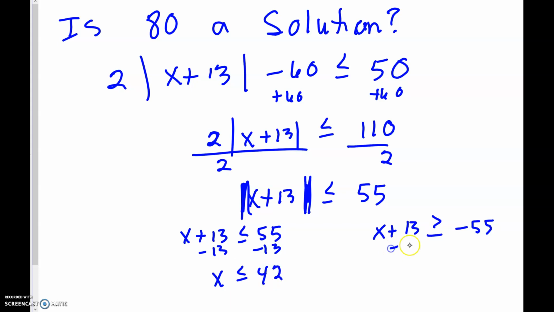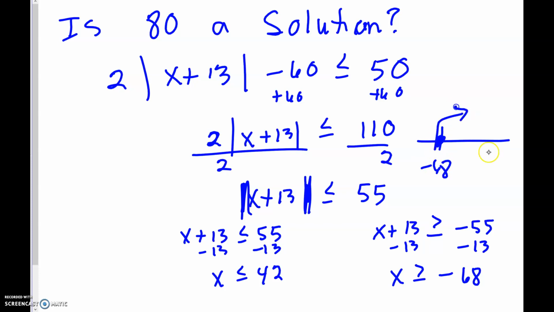And if I subtract 13, I have x is greater than or equal to negative 68. All right, so if I were to graph this, my numbers are negative 68, closed circle, bigger, and I'm at the number 42, closed circle, smaller.